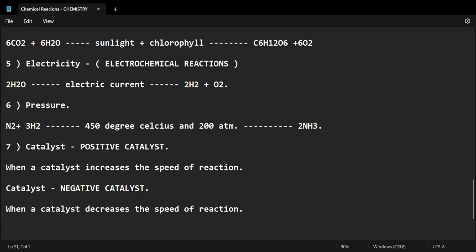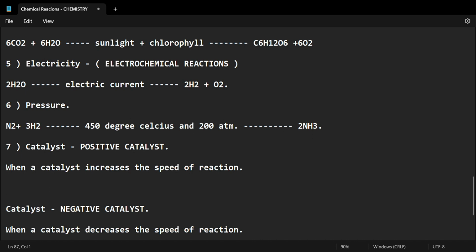Okay. So I'm going to be giving you an example for each of them. For increasing the speed of reaction, it is 2KClO3.